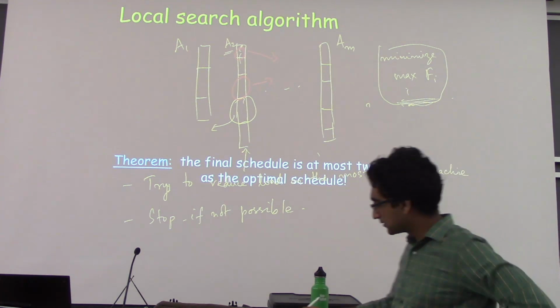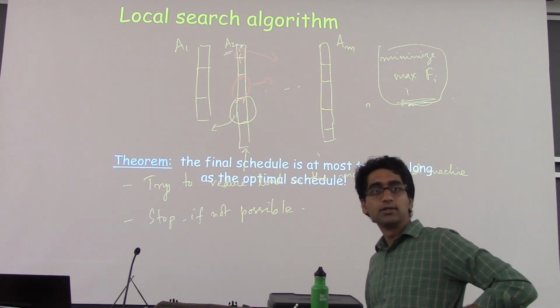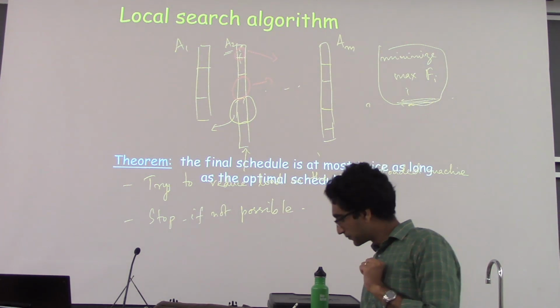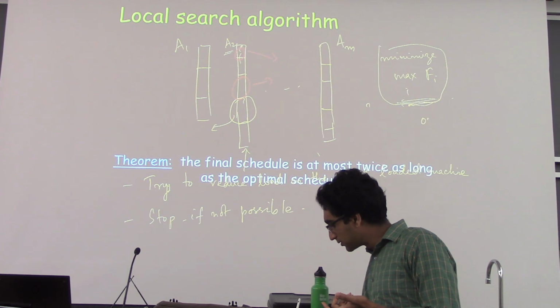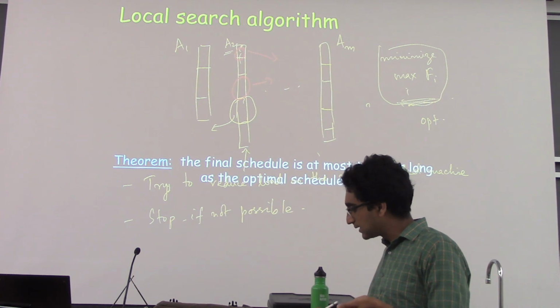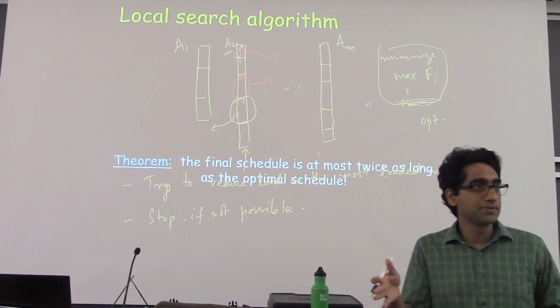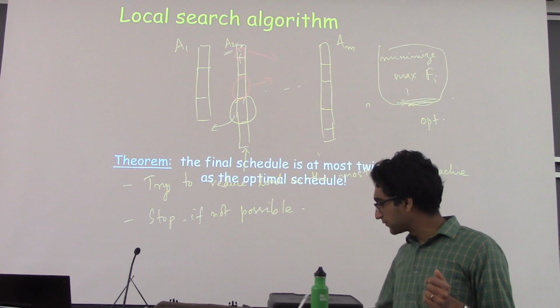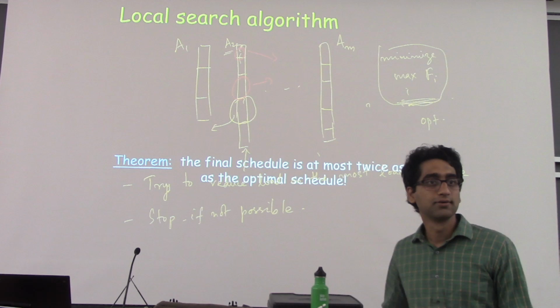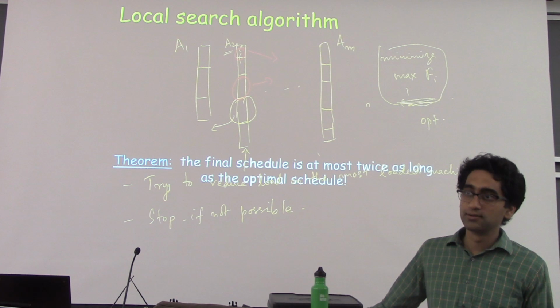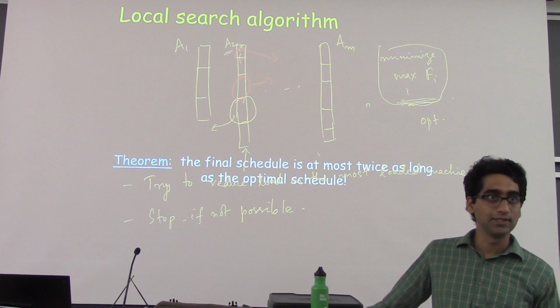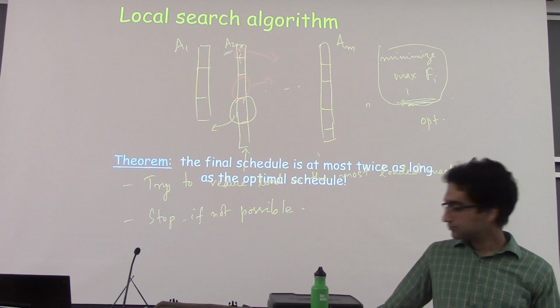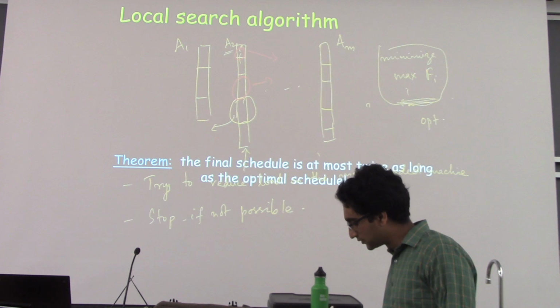Which means for this objective, the optimum schedule will have some value opt, right? And we are saying that if local search stops, then the value of the objective is at most 2 times opt. So it's not too bad. It's the same kind of thing that we saw last time. So this is the theorem.